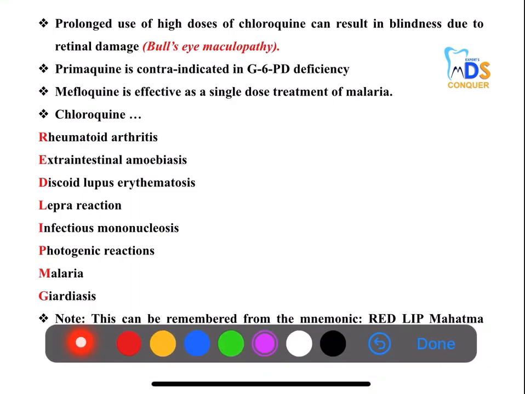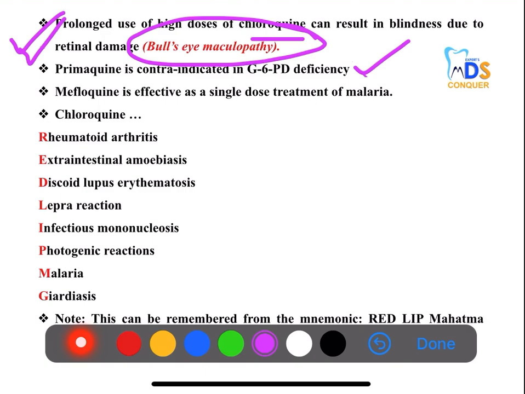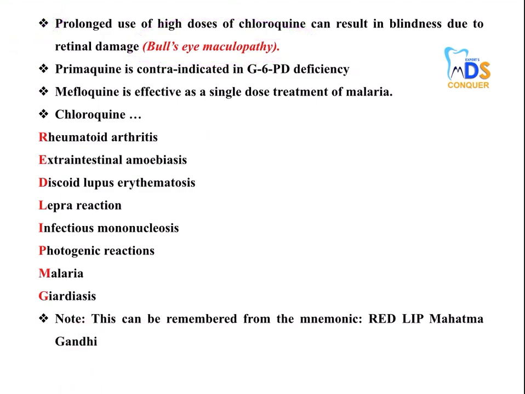Very importantly, chloroquine can result in blindness because of bull's eye maculopathy, a very important point, and primaquine is contraindicated in G6PD deficiency. And there is a mnemonic for the uses of chloroquine: red lip Mahatma Gandhi. Rheumatoid arthritis, extraintestinal amoebiasis, DLE, lepra reaction, infectious mononucleosis, photogenic reactions, malaria and giardiasis.